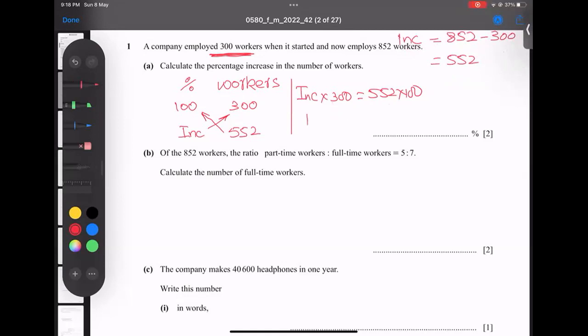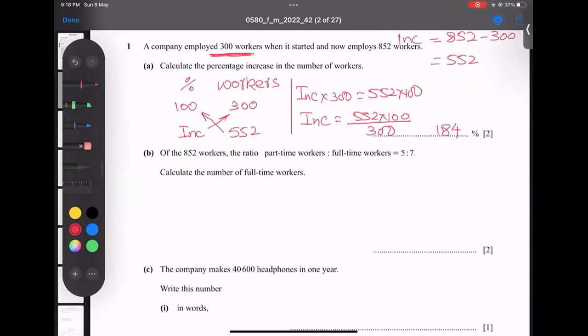So increase percentage is 552 times 100 divided by 300, and the answer coming is 184. Let me recheck it. Yes, 184% increase.